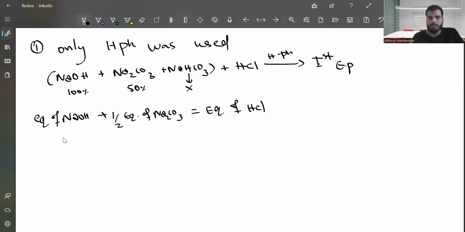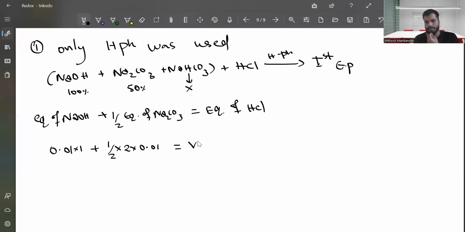So equivalence of NaOH is already given. How much is that? 0.01 plus half multiplied by the number of moles. Here the n factor is 2. So 0.01 equals the equivalence of HCl, and you don't know the volume.